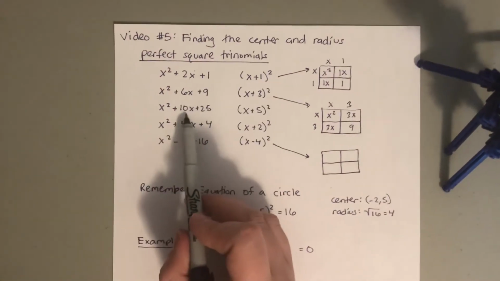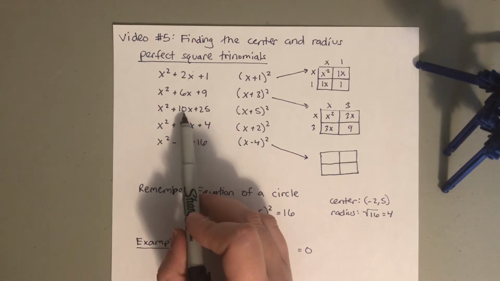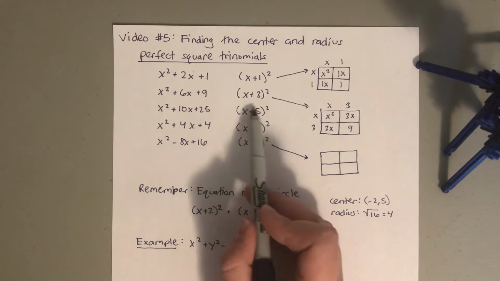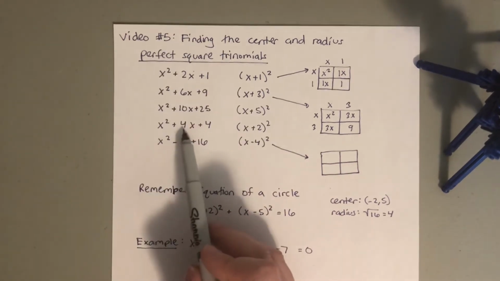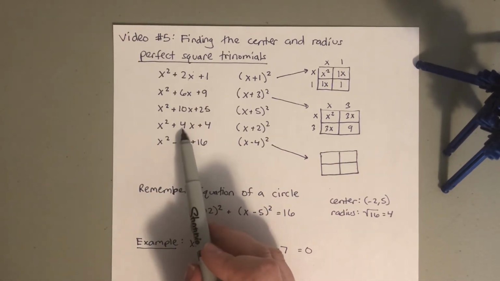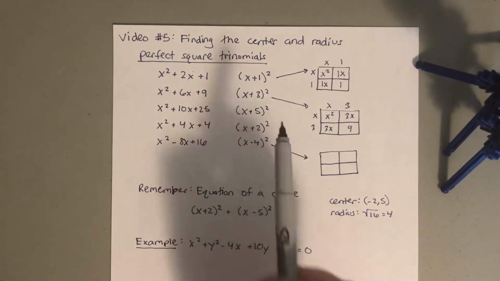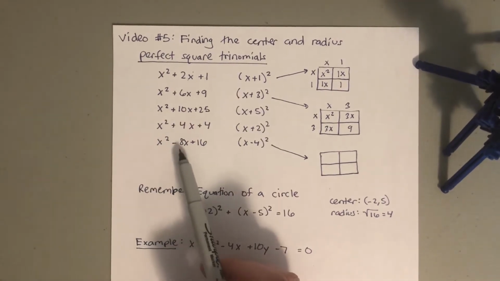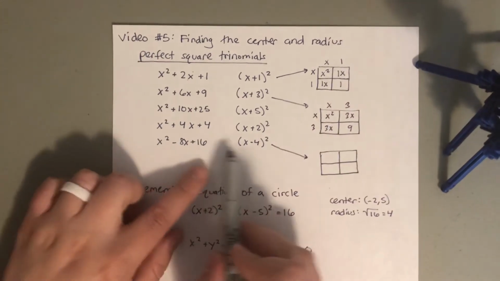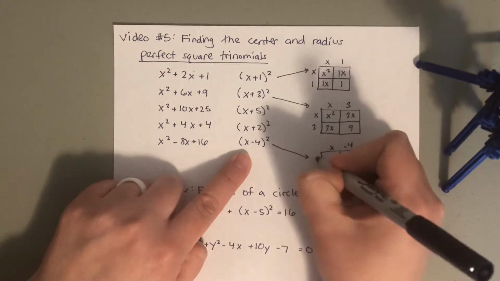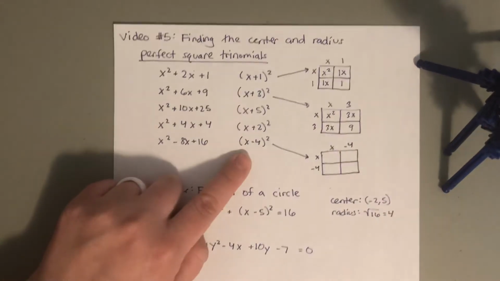That means that because half of 10 is 5, and 5 squared is 25, we can write it like this perfect square here. Because half of 4 is 2, and 2 squared is 4, this holds true in this pattern, so we can write it like that. Here, it also works with negatives. This can be written like that, so with x minus 4 and x minus 4.